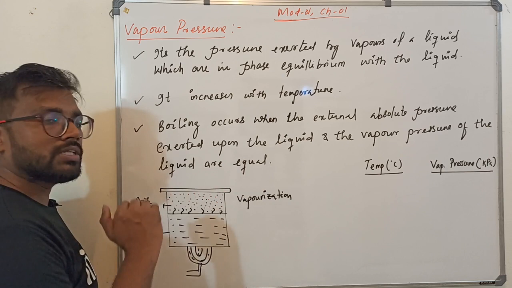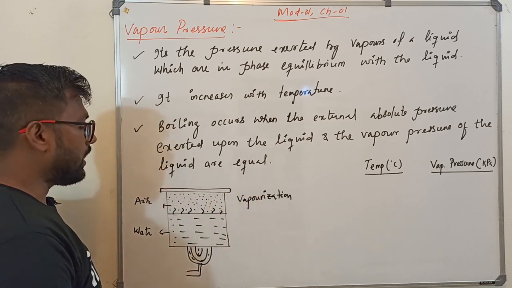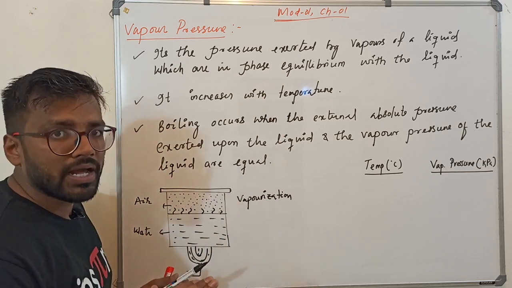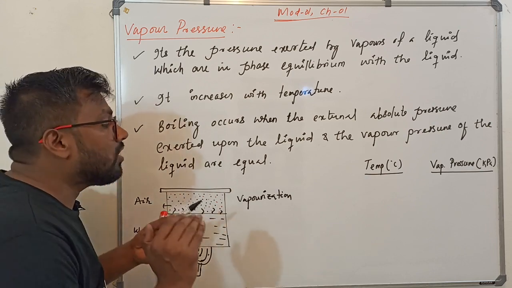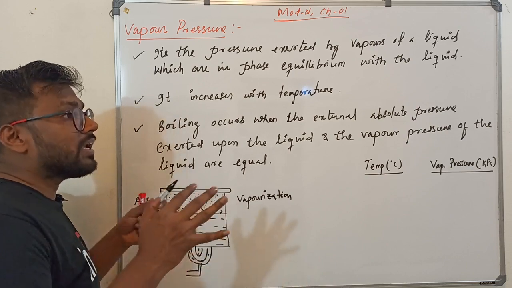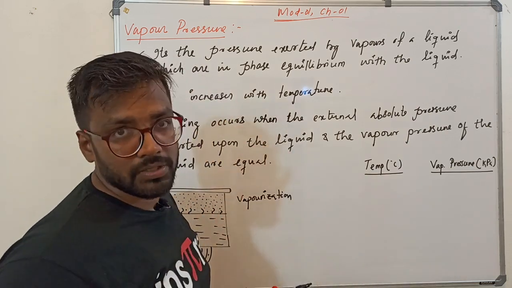After some time, the space becomes densely packed and it cannot take more water molecules. This is what we call saturation: the air above the liquid surface cannot take more water vapor.